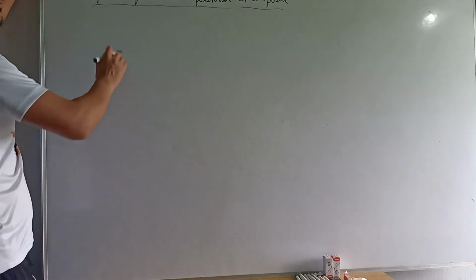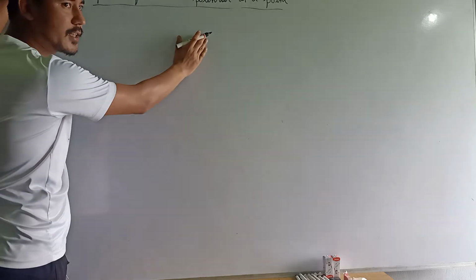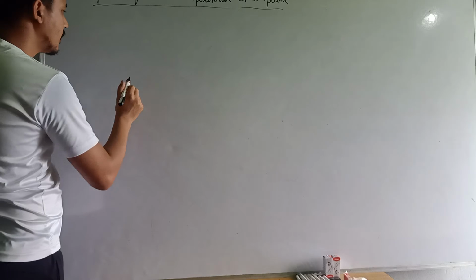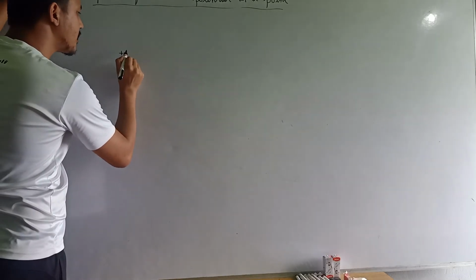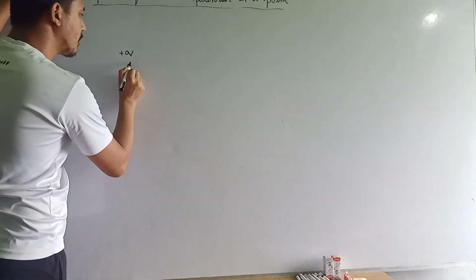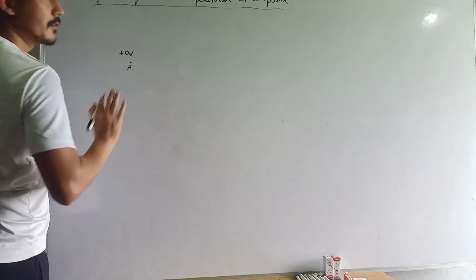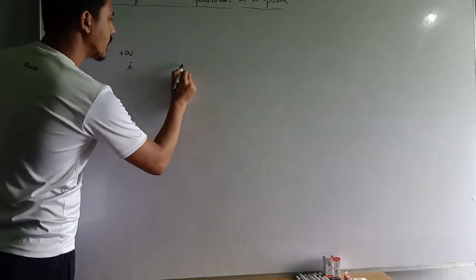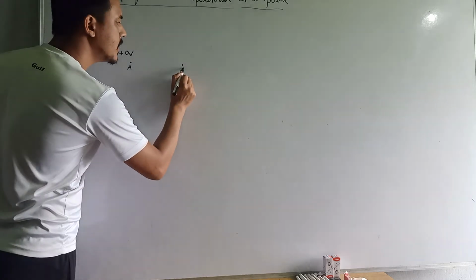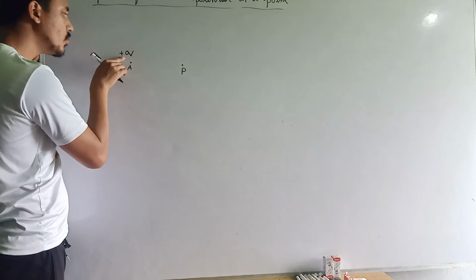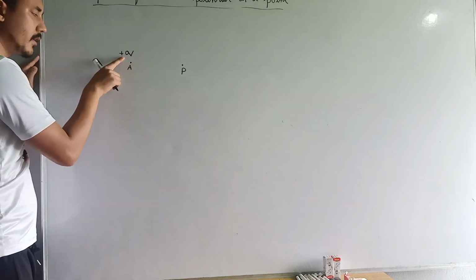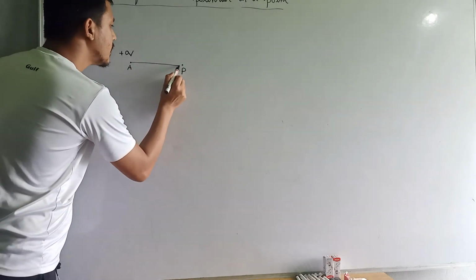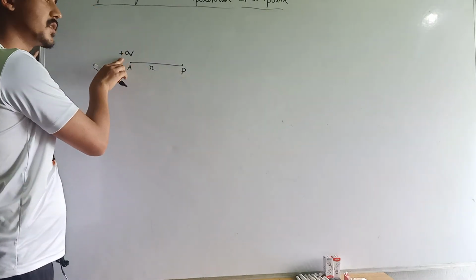So now let us find out the expression for electric potential at a point. Okay? Consider that a charge plus Q is placed here. Now I want to find out the electric potential at this point P due to this charge. Let's say that this P is at a distance R from this charge.